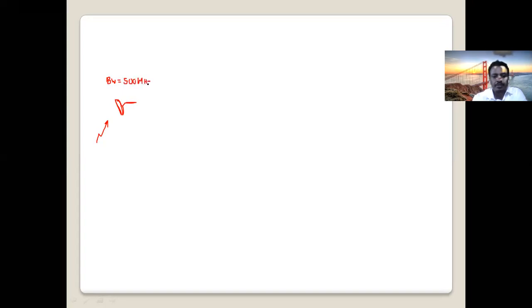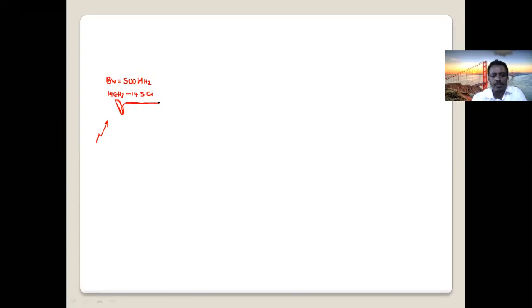The frequency range can be from 14 gigahertz up to 14.5 gigahertz. What is the difference between these two? 500 megahertz. So this is the total bandwidth of this satellite.